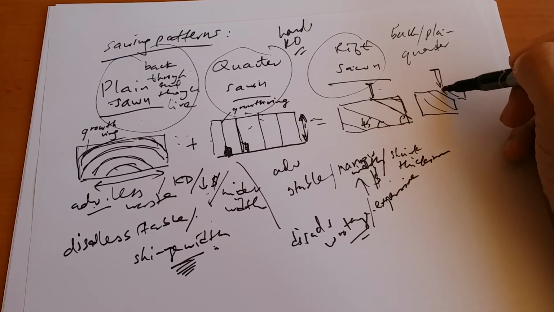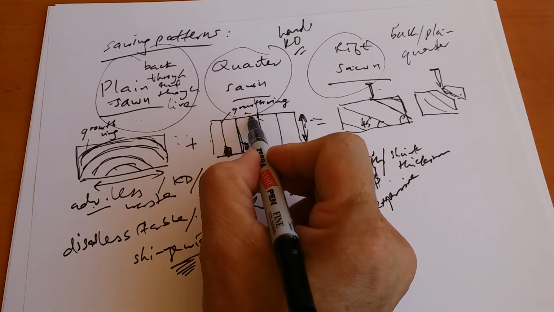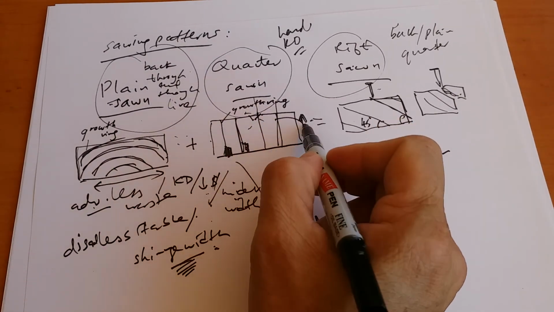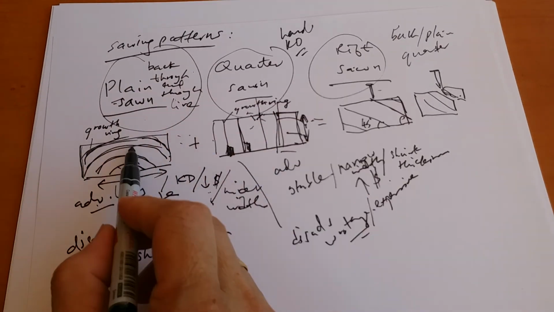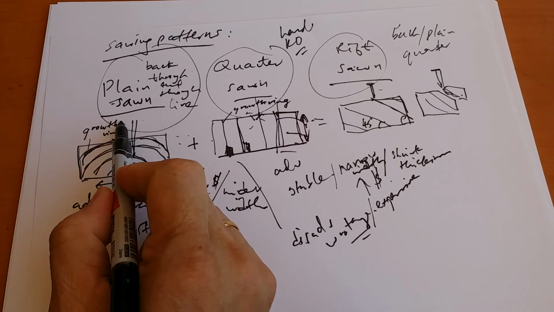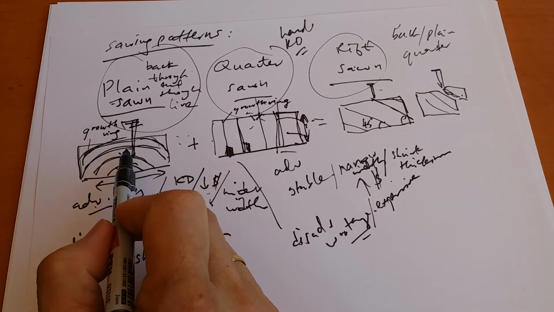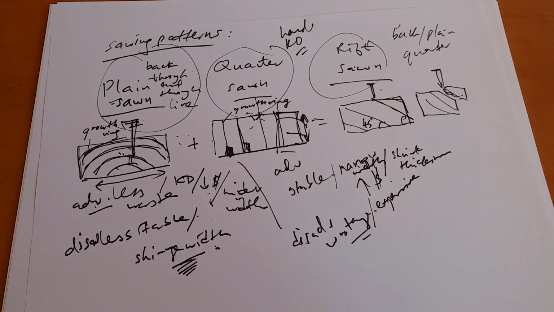When you put a nail here, you tend to break it off into two. While in plain-sawn, if you nail it here, you can see it will go through. Got advantage, got disadvantage, right? Thank you very much.